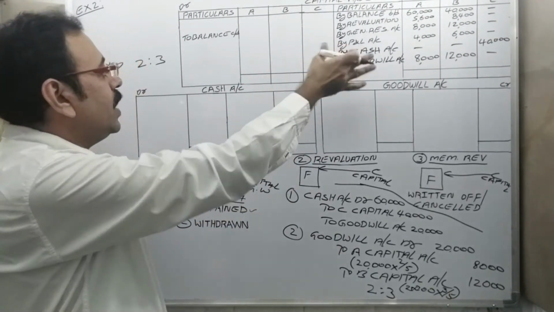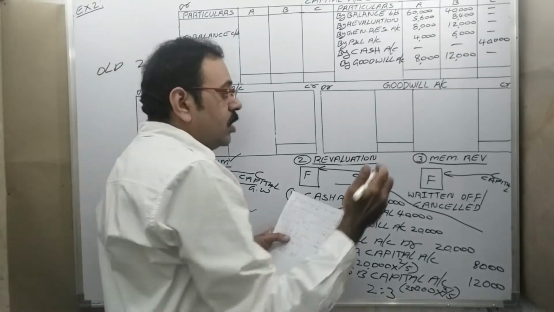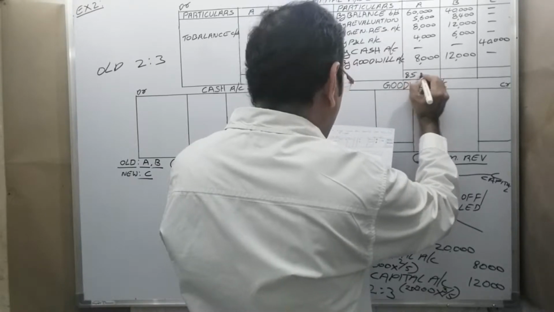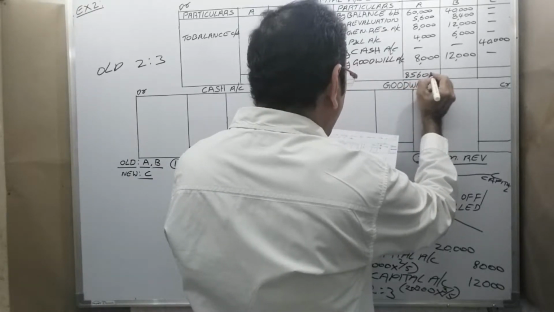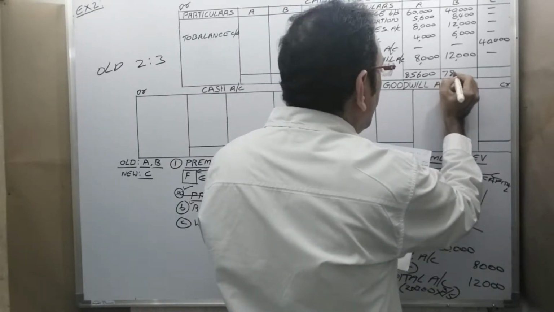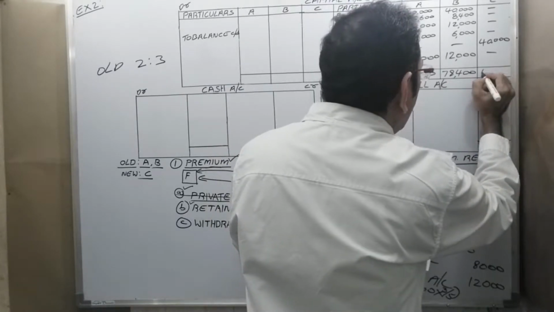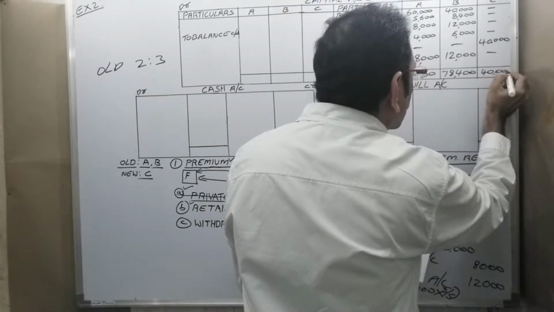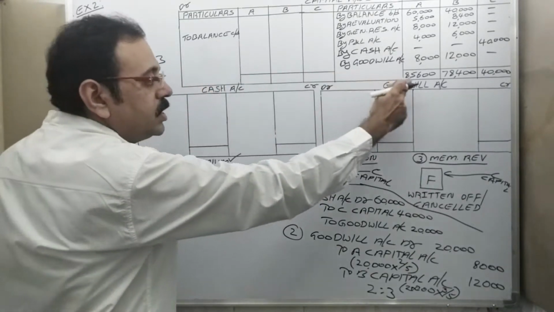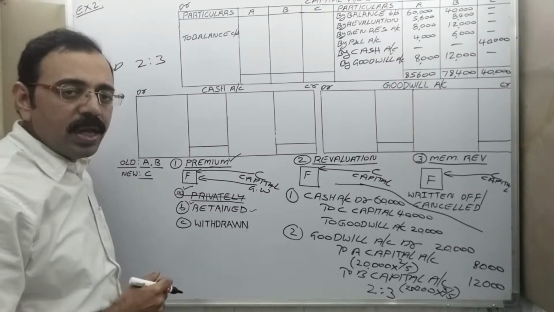Then finally calculate the balance carried down. Now A, credit side total will be 85,600 rupees. Then B, 78,400. Then C, 40,000. Now balance carried down. Credit side total minus debit side total. Debit side amounts are not there.